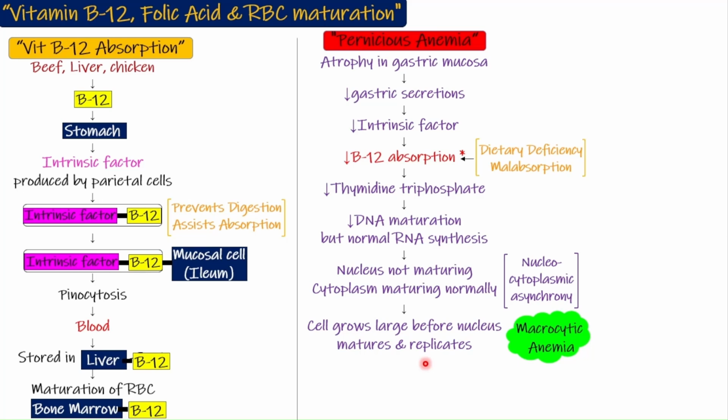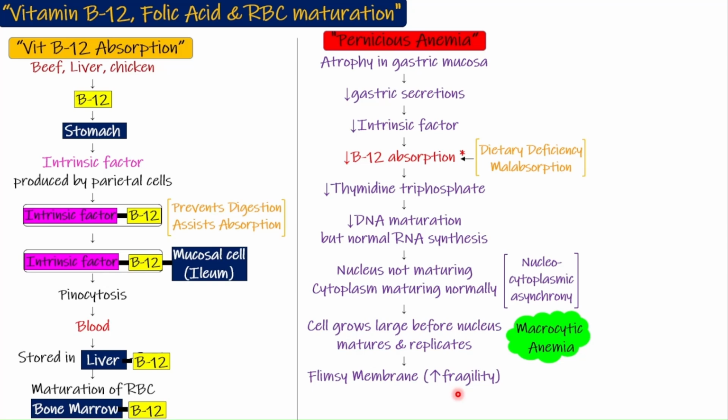Now, why is this anemia? Okay, now the point is this. Whenever there is a nucleocytoplasmic asynchrony and the cell grows way more than the normal size, then the membrane of the red blood cells will become flimsy. There will be increased fragility of the red blood cell membrane.